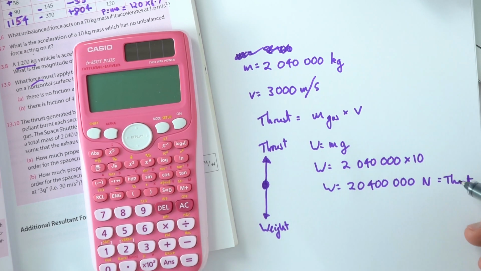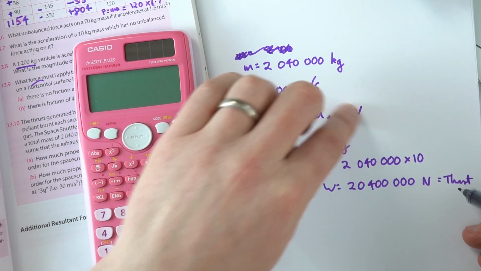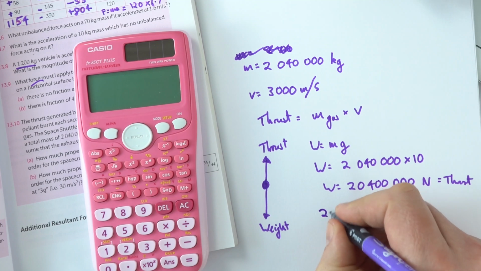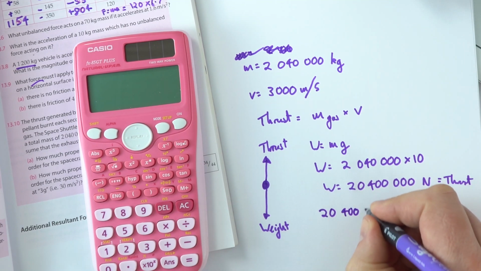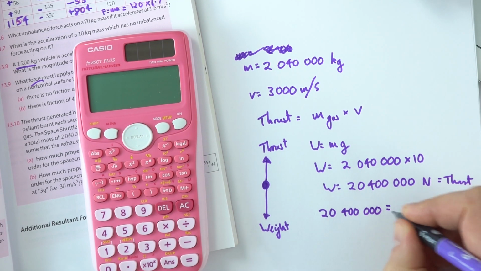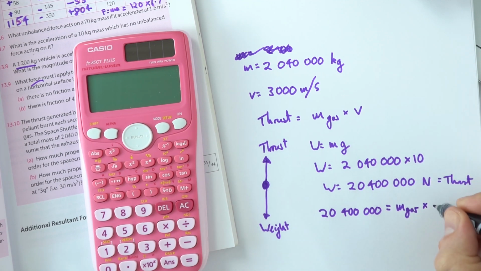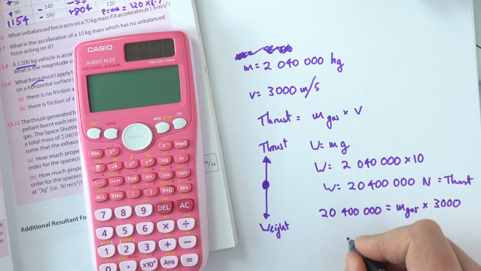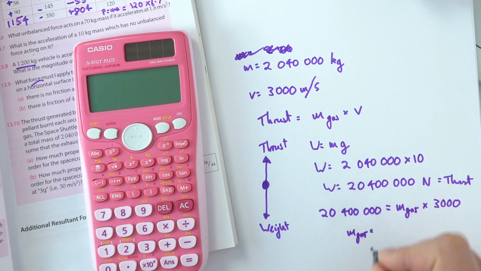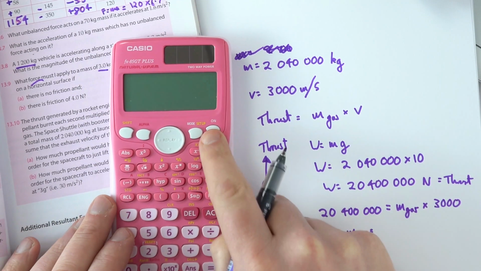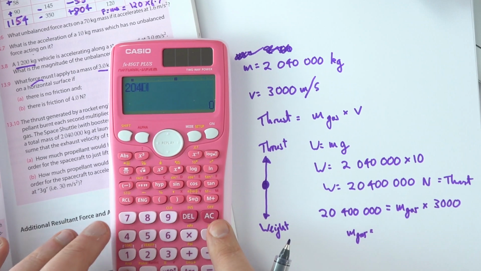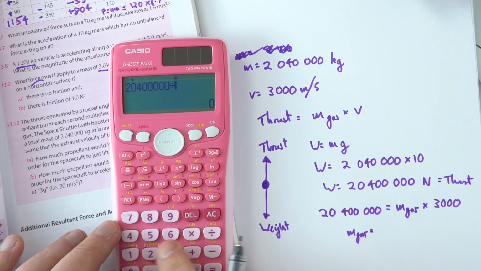Okay, and the thrust here is equal to the mass of gas times the velocity. So 20,400,000 newtons is equal to the mass of gas burnt each second multiplied by their velocity, which it says here is 3,000. So the mass of gas burnt each second is going to be this value divided by 3,000. So that's 20,400,000 divided by 3,000.